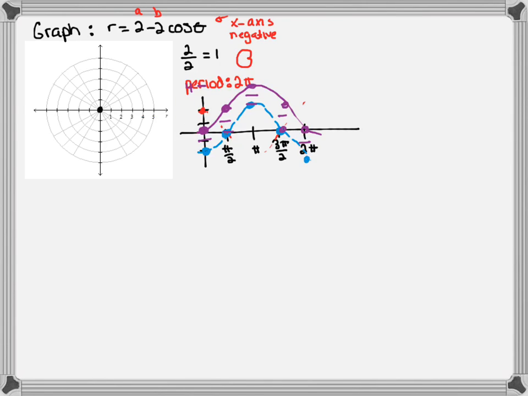So I'm going to start there. At pi over 2, I'm at 2. At pi, I'm at 4. Okay, and it's going to be symmetric. So at 3 pi over 2, I'm at 2 as well.